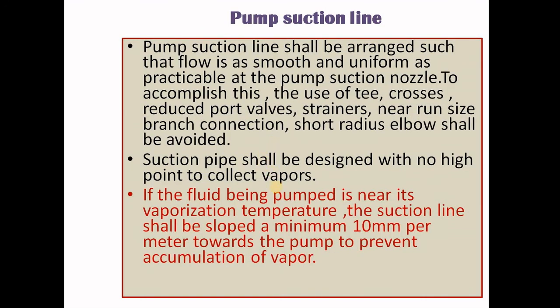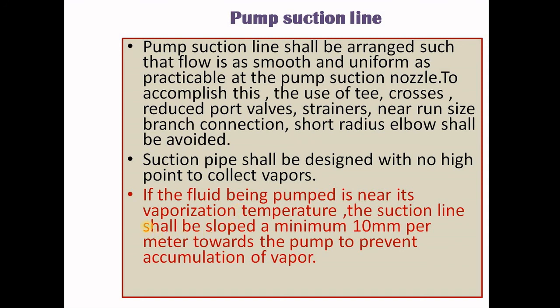The pump suction line should have a straight run of 5 times the diameter of the pump suction line. Within this 5 times diameter length, there should not be any strainer, valve, reducer or tee, to avoid turbulence of the fluid entering the pump suction.